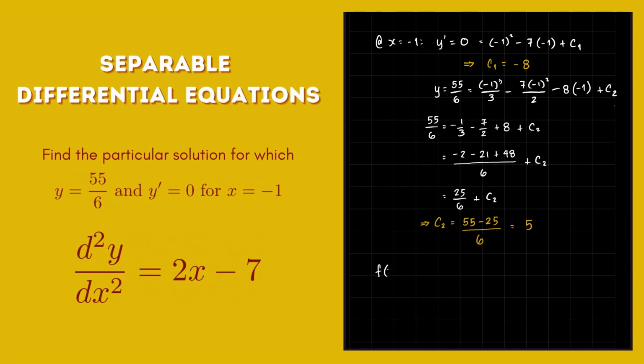So nahanap na natin yung dalawang constants. Our particular solution is f of x is equal to x cubed over 3 minus 7x squared over 2 minus 8x plus 5. Out of all the infinite possible solutions of our differential equation, ito lang yung magsasatisfy nung conditions na sinet for this problem.